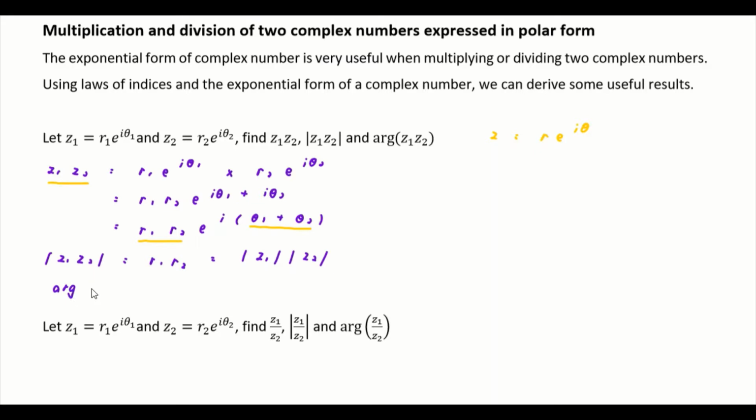The argument for Z1 Z2, as mentioned, is theta 1 plus theta 2, where theta 1 is the argument for Z1 and theta 2 is the argument for Z2. So if I want the argument for Z1 multiplied by Z2, I can straight away add my argument for Z1 and my argument for Z2. Later we are going to apply this in Example 5.